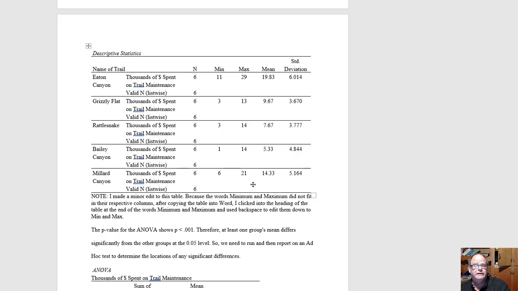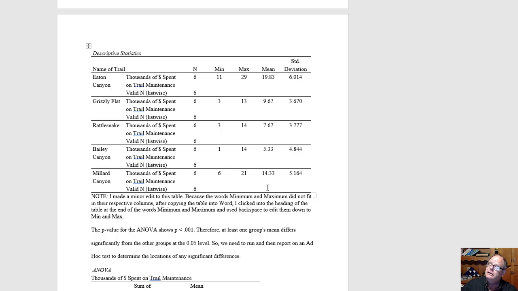Well, it turns out at the end, in fact, the only significant differences are, well, there's kind of three of them, if you will, between Eaton Canyon and each of the lower three here. They're in the middle. There's no significant difference between Eaton Canyon and the next biggest one, Milliard. There's no significant difference between Milliard and any of the other three, right? So you can kind of get a sense for more or less what might be coming just by looking at the means.